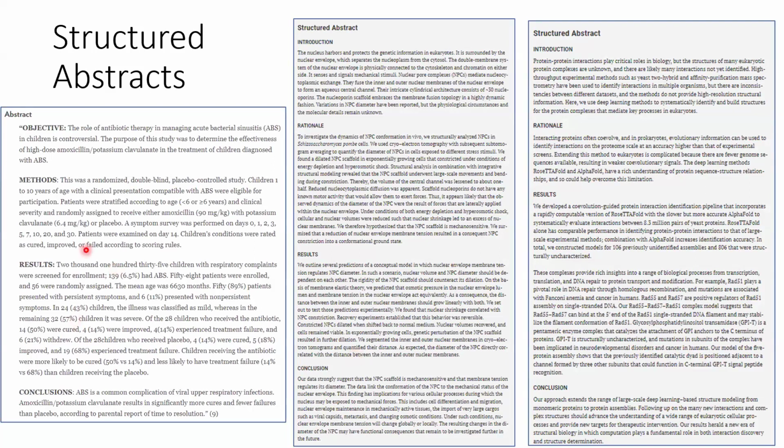Now, the left corner one was taken from Nature. The other two are from Science. You can see abstract, objective, methods, results, conclusions. Here also, the middle one has introduction, the rationale, results, and conclusion. The same format for both the ones taken from Science.